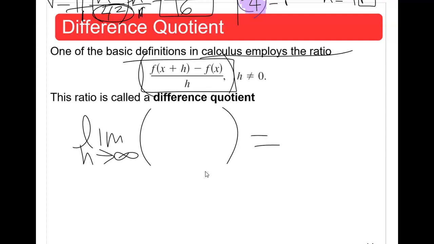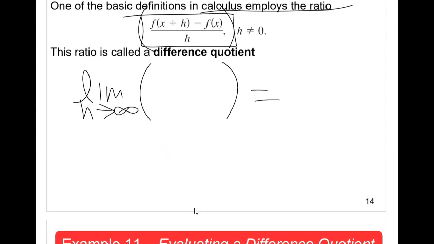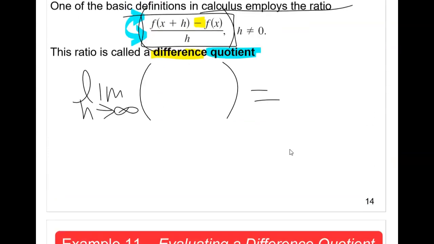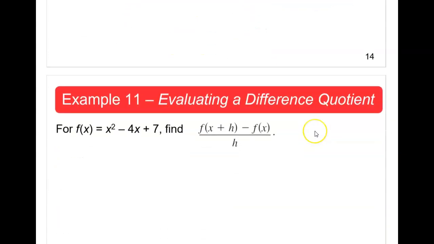You will learn more of that when you take calculus. We call it a difference quotient for two reasons. One is a difference right there, and it is a quotient because you have two expressions that will be dividing. And of course, we have to make that exclusion of 0. h cannot be 0 because we cannot divide by 0.